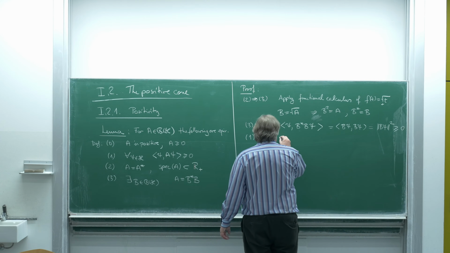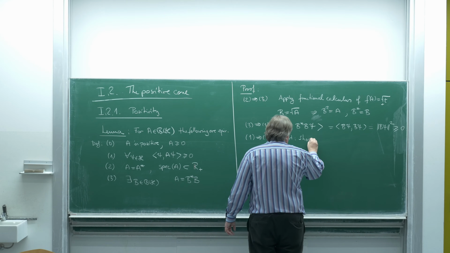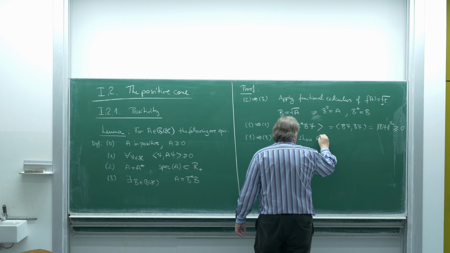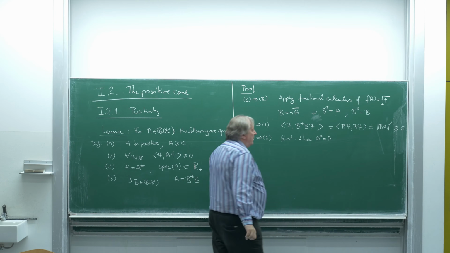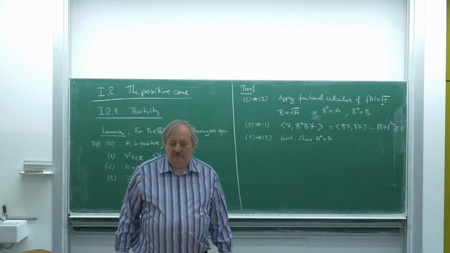So first part, first show A star is equal to A, right? So that positivity implies self-adjointness.